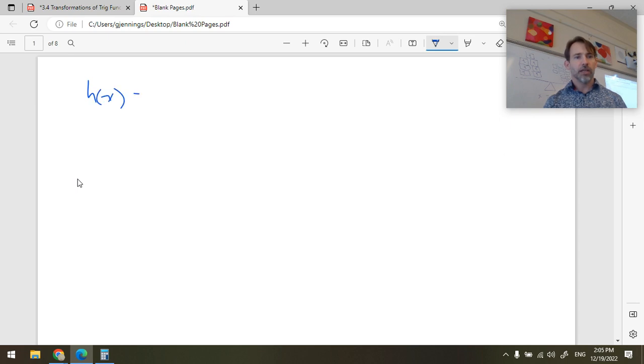Okay, so we have h of x is 8 cosine of, we had period was 30, so this is 12 x minus d, I don't know it yet, plus 5. And I know this hits a minimum at the point 5, negative 3.